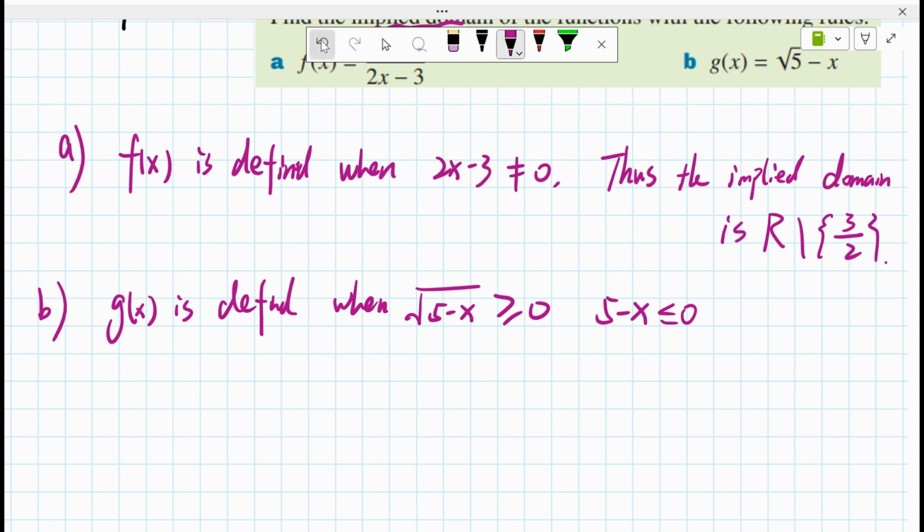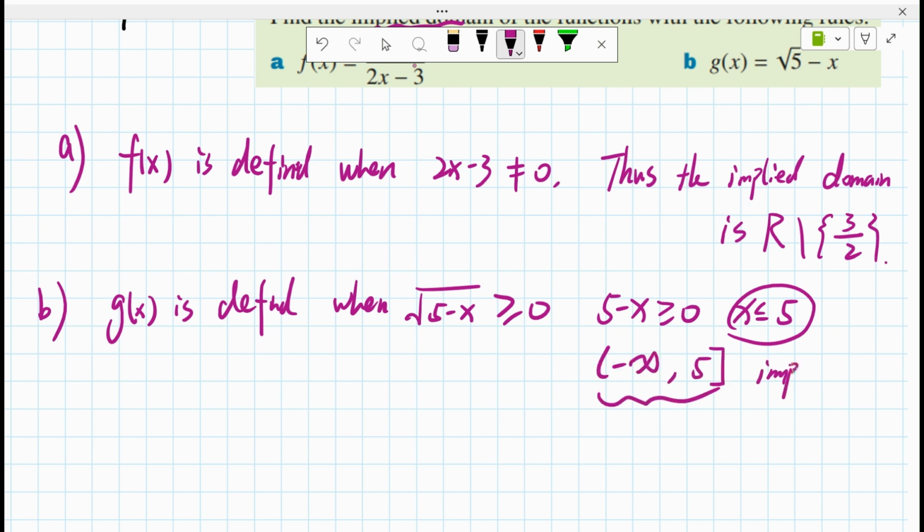Sorry, that means 5 minus x is greater than or equal to 0. So x is less than or equal to 5. And we could also write that as negative infinity to 5. That is your implicit domain.